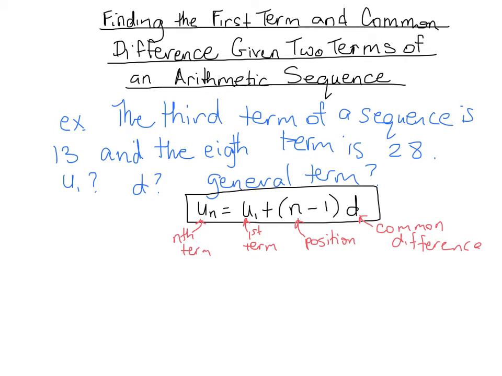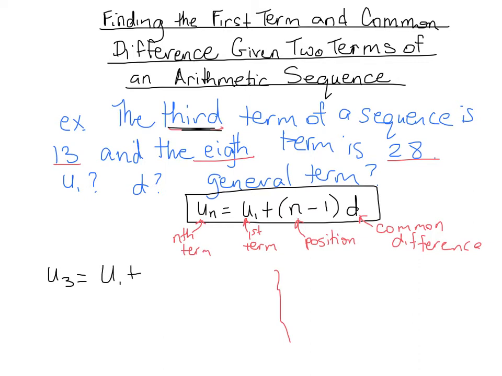Okay, so we do know the nth term in this case. We actually know two versions of the nth term. We know the third term is 13, and we know the eighth term is 28. So we can use this formula twice. The first time around, we have that the third term, u3, is equal to u1, which we don't know, plus n.